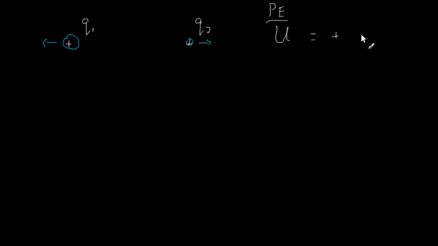So it will be given by Q1 times Q2, the two charges multiplied together, divided by 4 pi epsilon naught r, where r is the distance in between. So it's basically the same formula that I've written down before, but with a plus sign here instead.